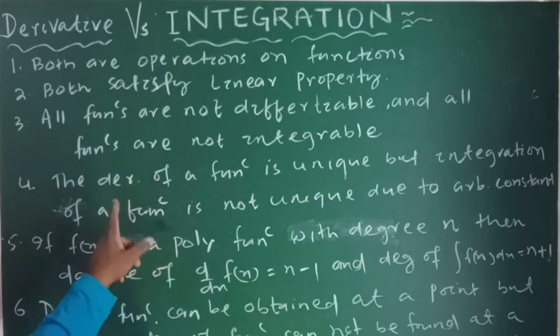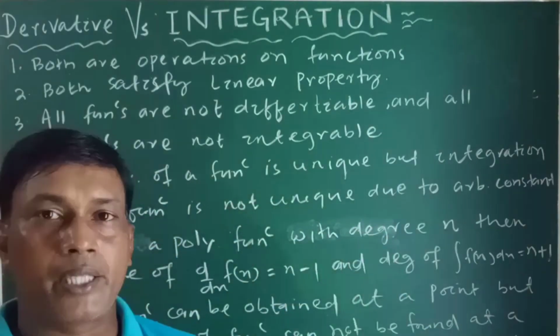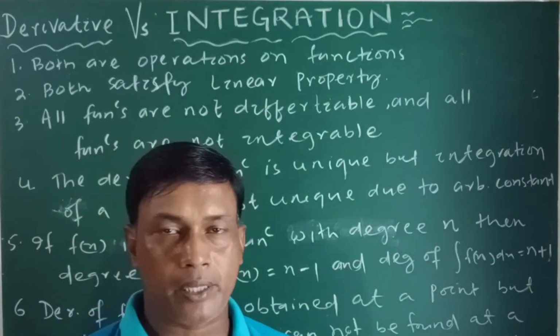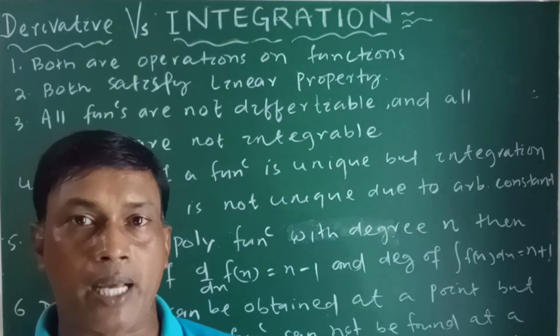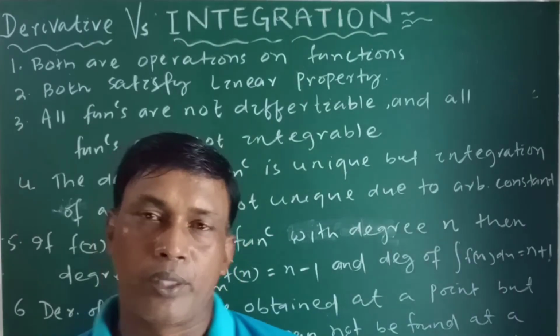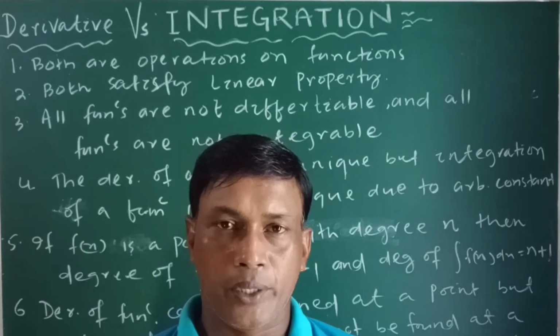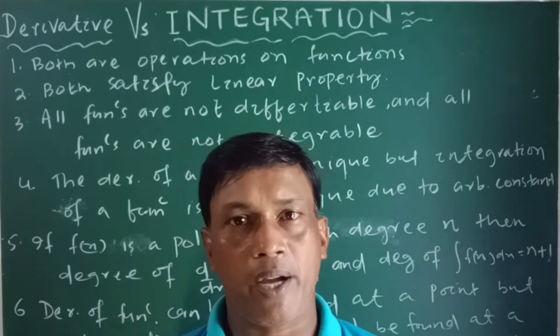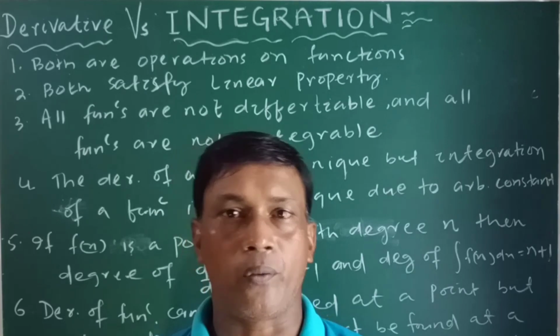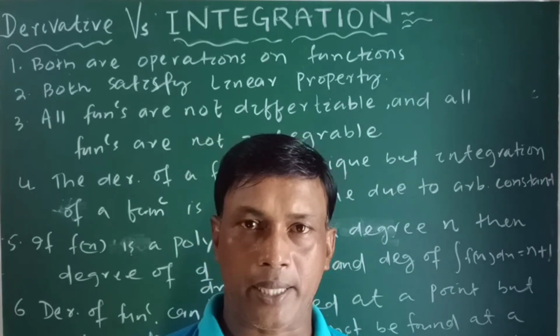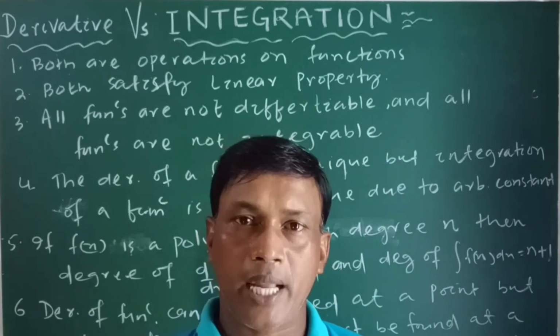The fourth property is that the derivative of a function is unique, but the integration of a function is not unique, due to the presence of an arbitrary constant. Take an example. You know the derivative of tan x is sec square x. So sec square x is the only function which is the derivative of tan x. So the derivative of tan x is unique.